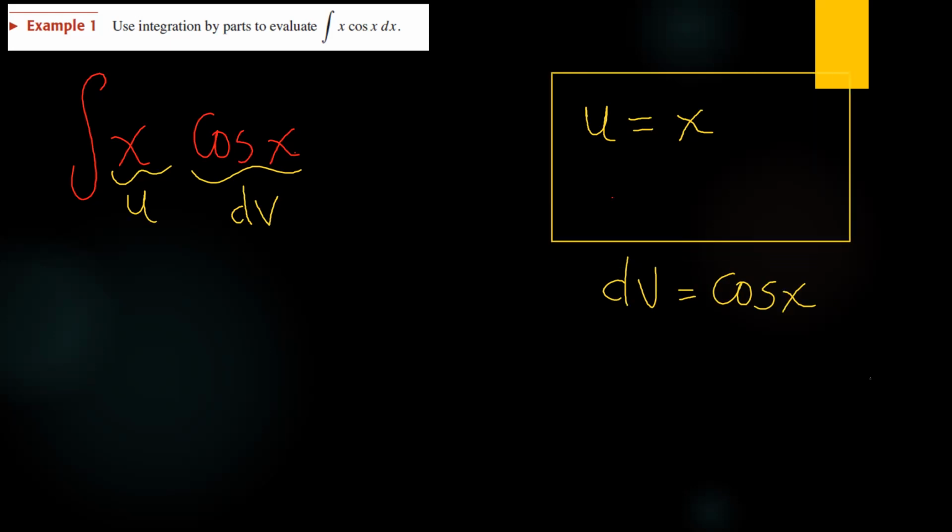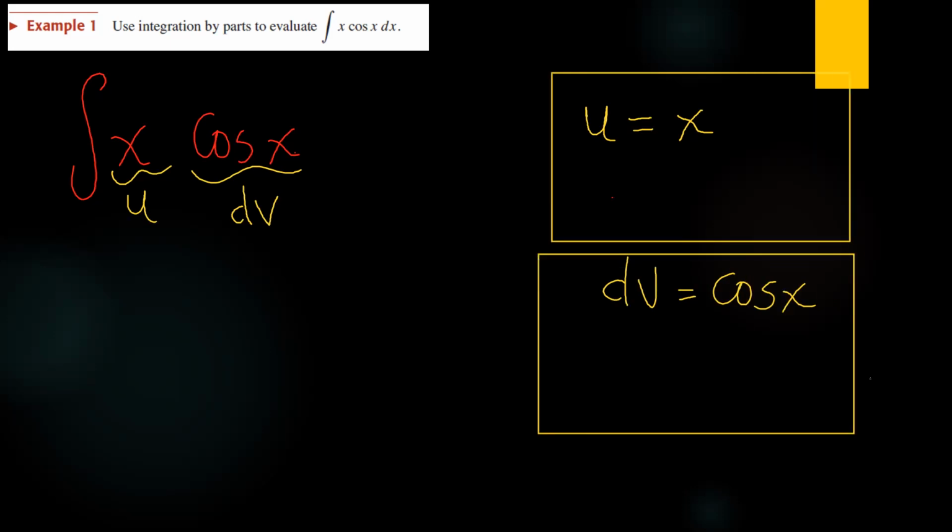Then come back here now. Say u is x and dv is cosine of x. And then, for u, you have to find its du, and for dv, you have to find its v. So I have u is x.